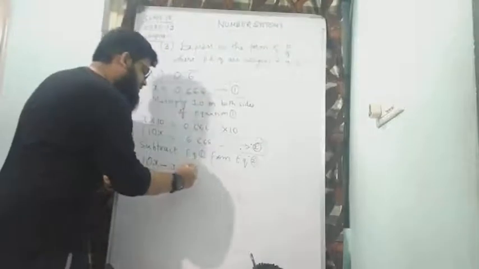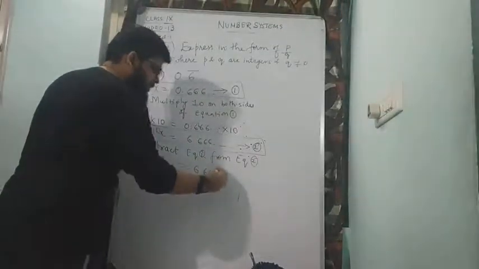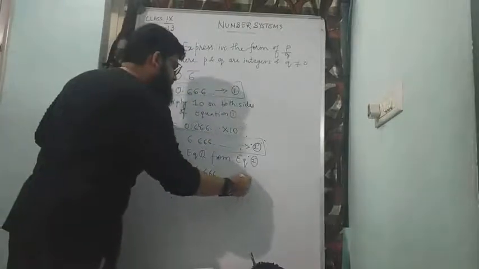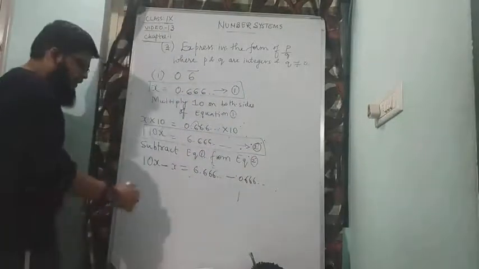From 6.666 any number of times, minus 0.666. Now this x is like 1x.